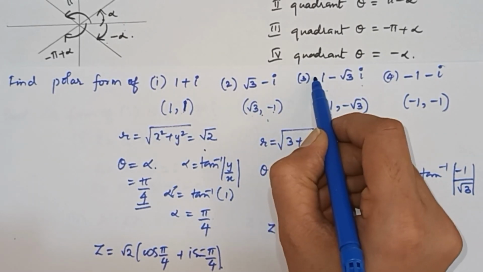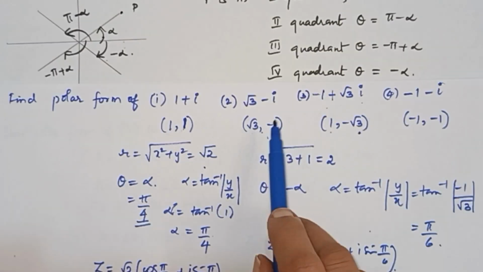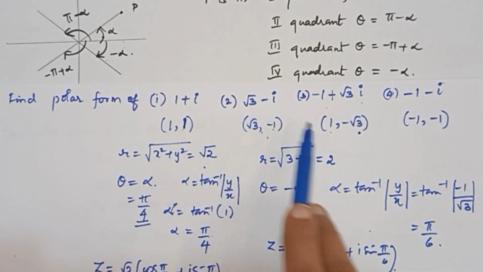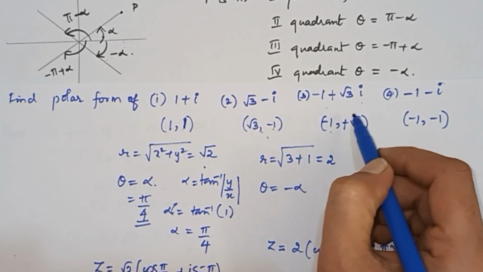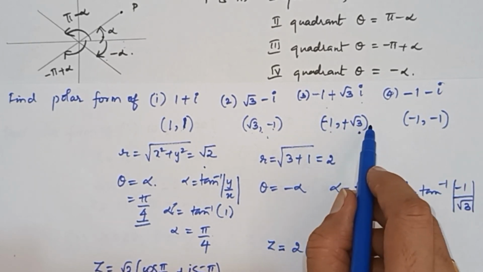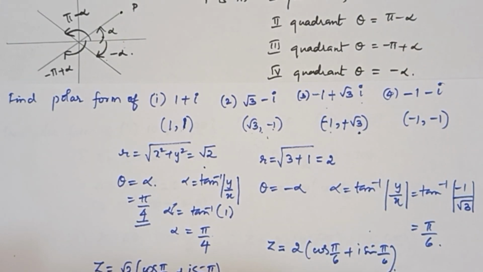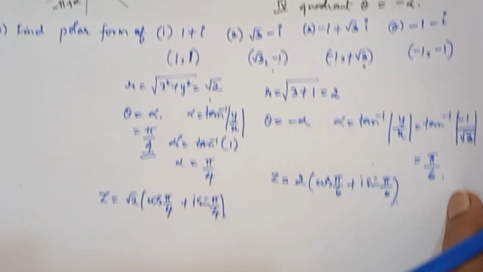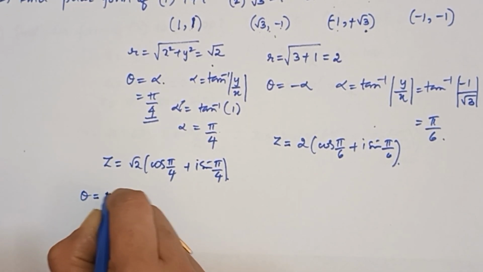So here I'll change this sign, minus 1 plus root 3, because the problem with the point in the fourth quadrant is already over. So here x is minus 1 and y is root 3 now. So x is negative, y is positive, which means it is in the second quadrant. So for the second quadrant, theta is equal to pi minus alpha.